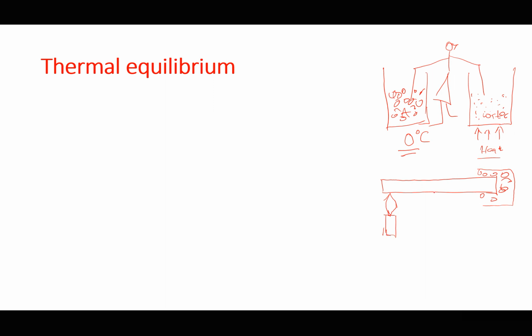So let us assume that this is an iron bar. One end of the iron bar is placed just above a burning flame. So this is at a higher temperature. Let us assume that this is at 70 degrees Celsius. Burning this side is initially at 70 degrees Celsius. And because this side has crushed pieces of ice, then it is at 0 degrees Celsius. So there is a difference in temperature on this end A and the other end B.